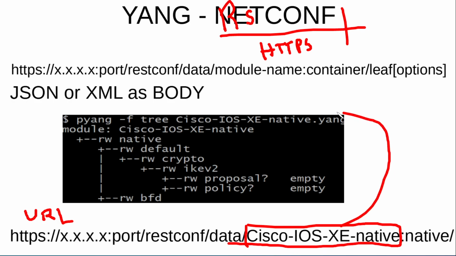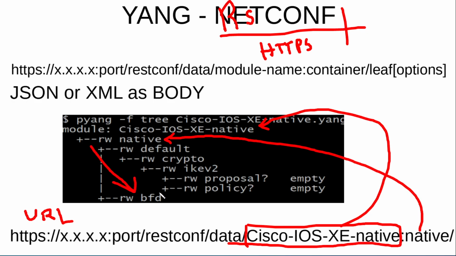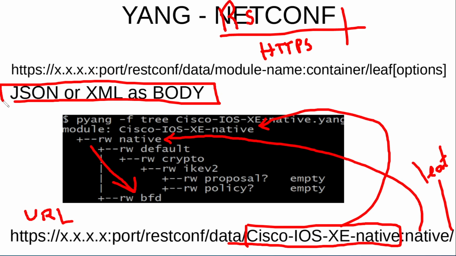Remember that this is the module, then a colon and the first container, and then map all your way down until you find a leaf at the end of your URL. So you can use JSON or XML as the body when interacting with restconf and your device.